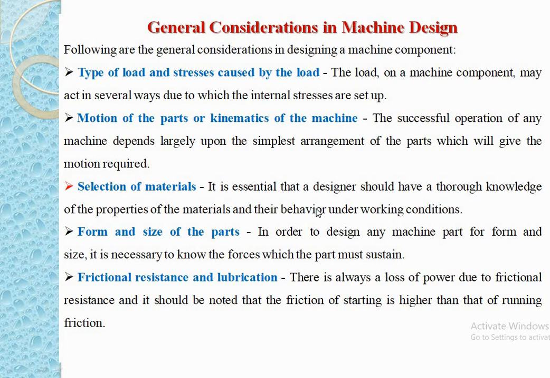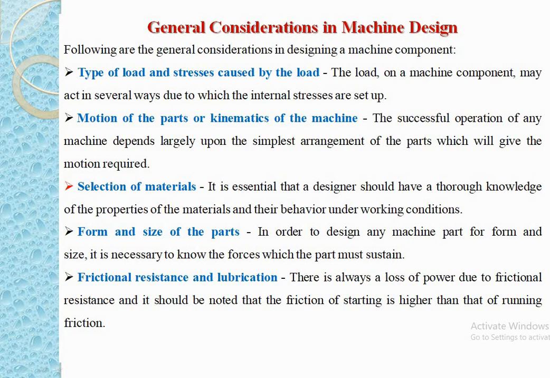Now the third part is the selection of material. The most important part, the selection of the material. It is essential that a designer should have a thorough knowledge of the properties of the material and their behavior under working conditions, because many times a machine component will undergo different working conditions.